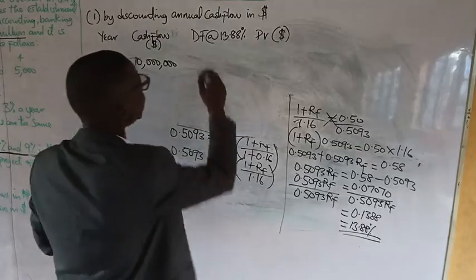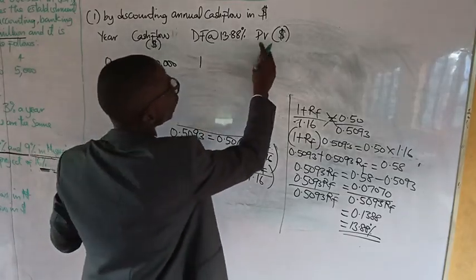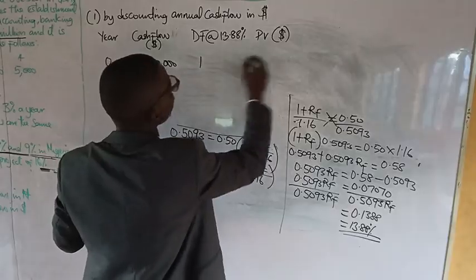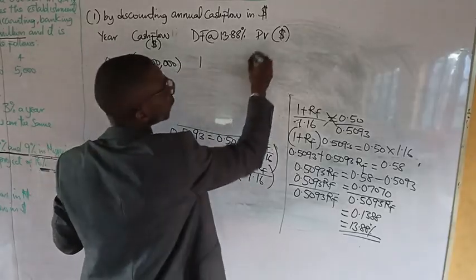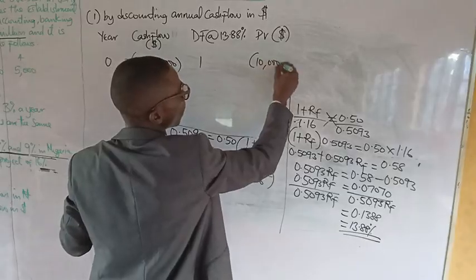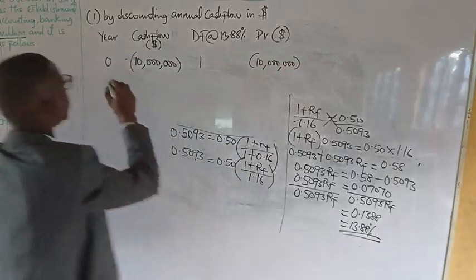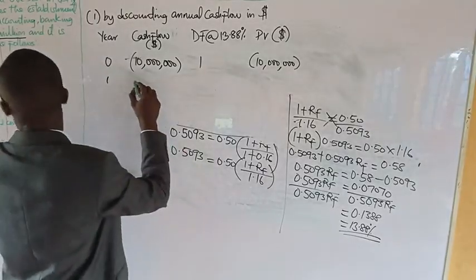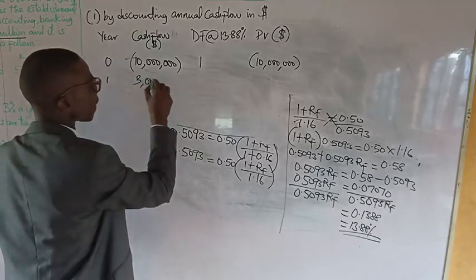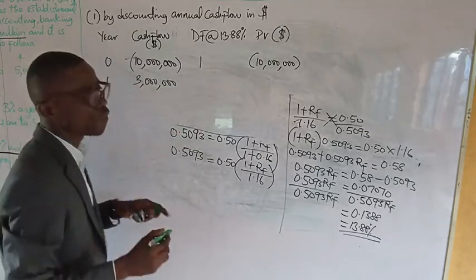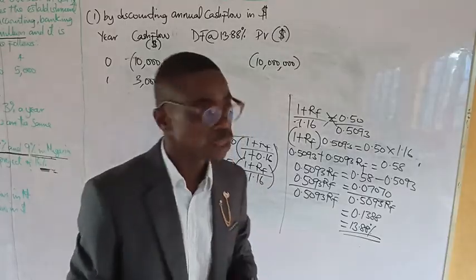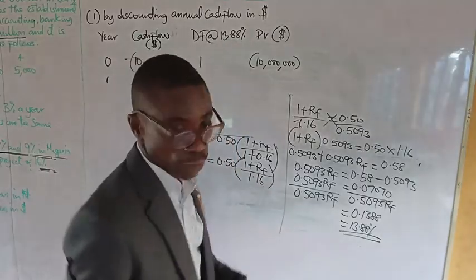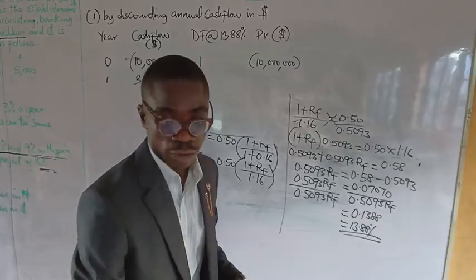What will be the discounting factor in year 1? That will be 1. So 1 times this will still give us 10 million, so minus 10 million. For year 1, what's the cash flow in year 1? 3 million. So what will be the discounting factor at 13.88%? Let's be fast.